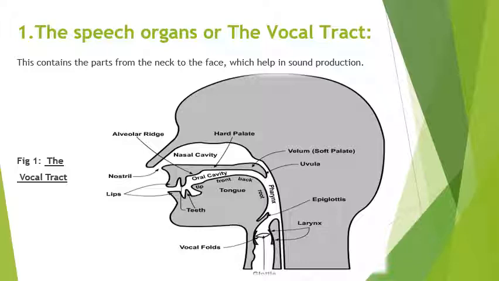We also have pharynx, oral cavity, and finally lips. All these help in the production of sounds, because in the course of producing any sound, one must use different speech organs, starting from the vocal cords up to the alveolar ridge.